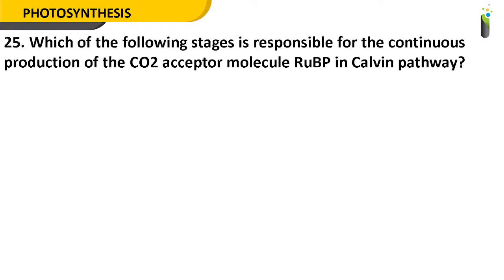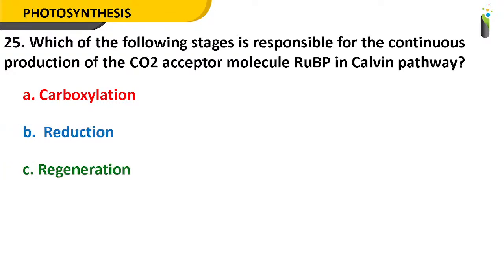Question number 25. Which of the following stages is responsible for the continuous production of the carbon dioxide acceptor molecule RuBP in Calvin pathway, that is C3 cycle? A. Carboxylation. B. Reduction. C. Regeneration. D. Assimilation.